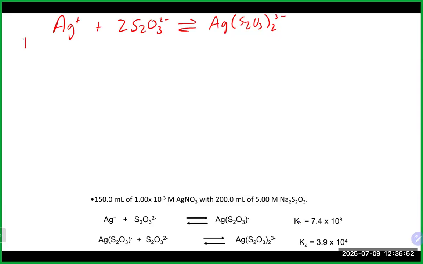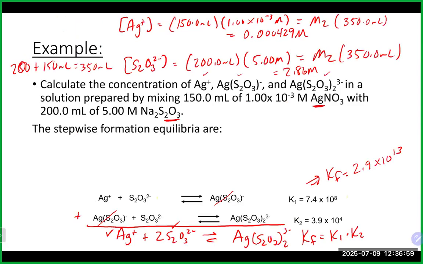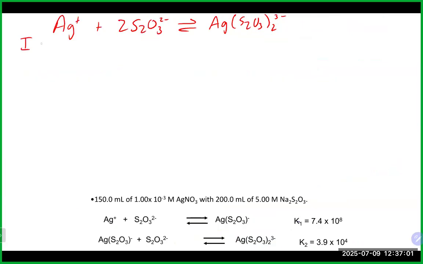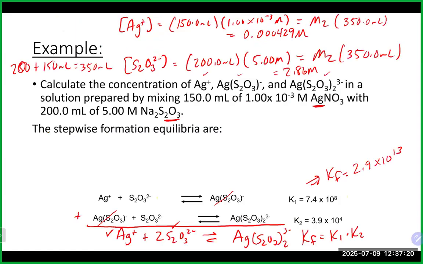Initially here we are going to use what we just calculated for our silver, which I believe was 0.000429. For our S2O3, 2.86 molar, and 0 for the complex ion.